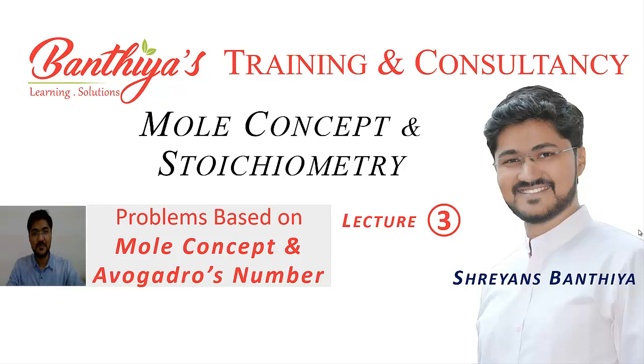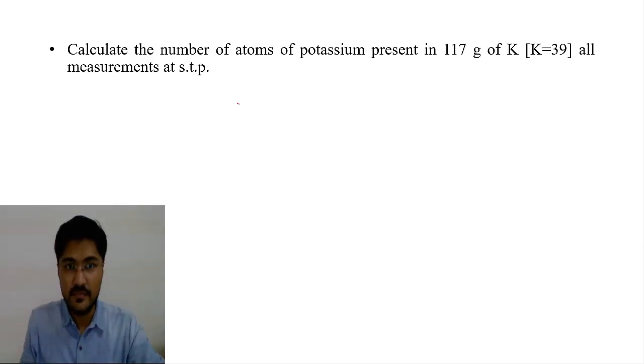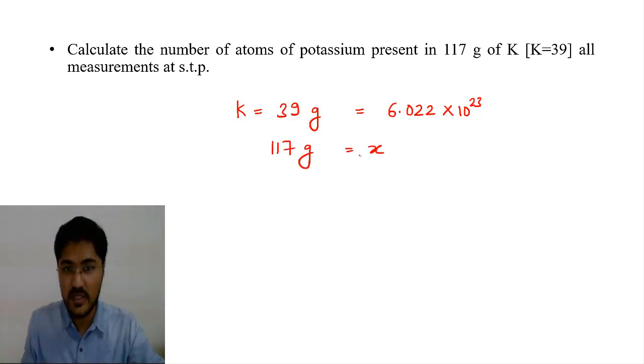So let's begin. The first question is, calculate the number of atoms of potassium present in 117 grams of potassium, all measured at S.T.P. Potassium has a gram atomic mass of 39 grams, which will contain 6.022 × 10^23 atoms. Now the question is, 117 grams will contain how many?